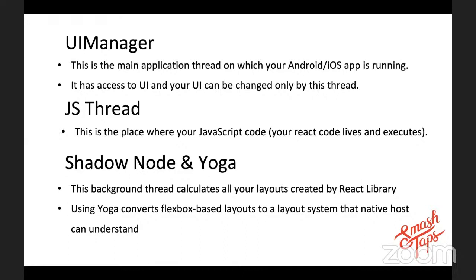There's another thread called shadow node. You can call this thread anything, but usually most people refer to it as shadow node. This is the background thread which calculates the layouts created by the React library.